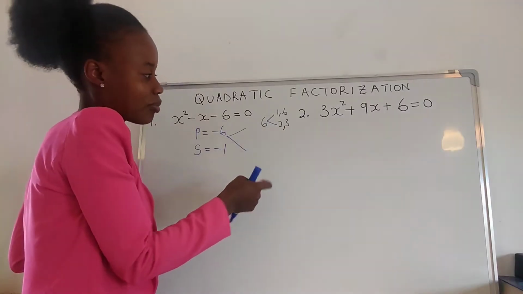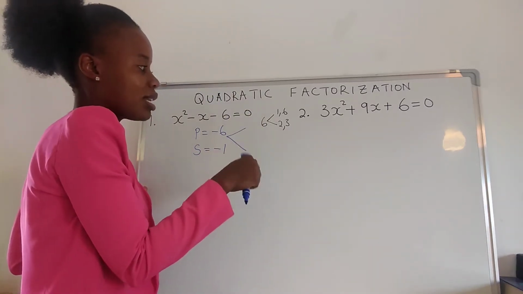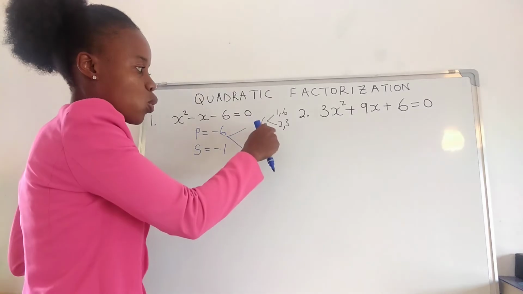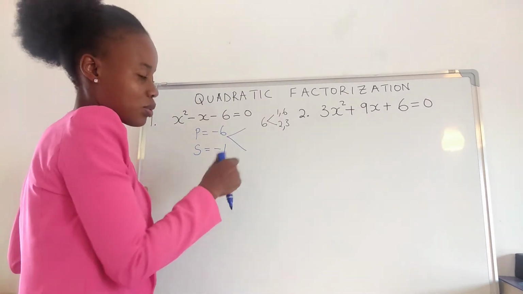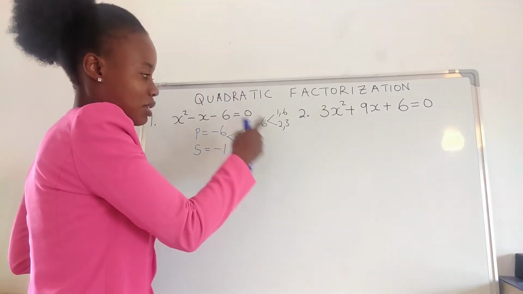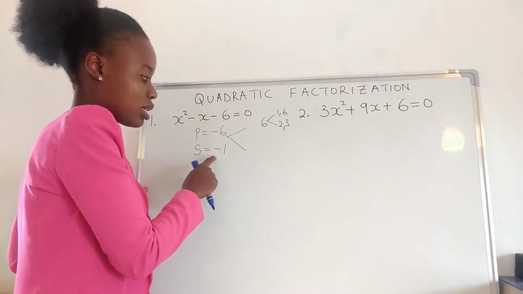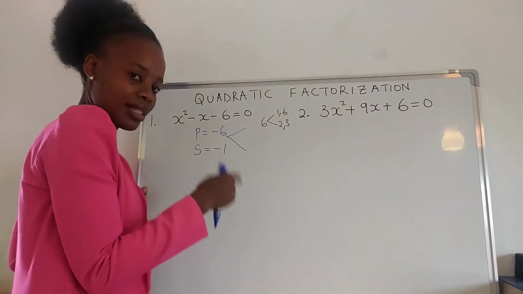Let's get here. 2 times negative 3 is negative 6, and 2 minus 3 is negative 1. So that one is okay. But if you say 3 minus 2, you're going to get 1, which is not negative 1. So the one that is supposed to be negative is 3.